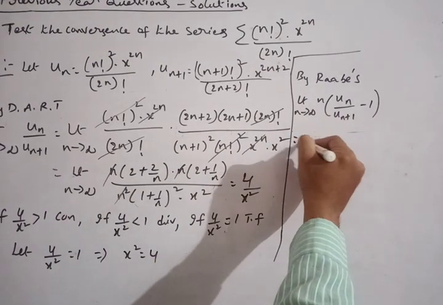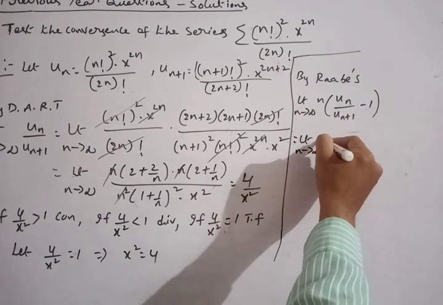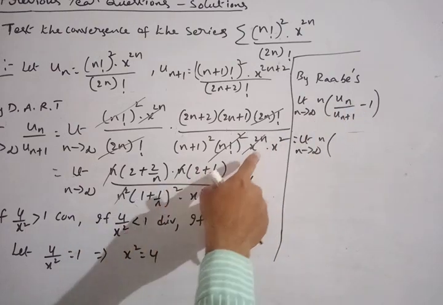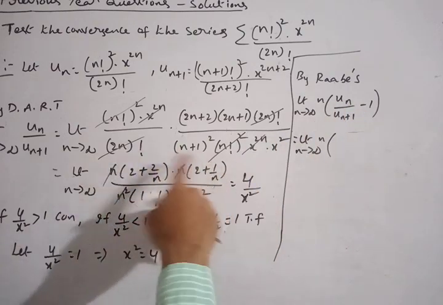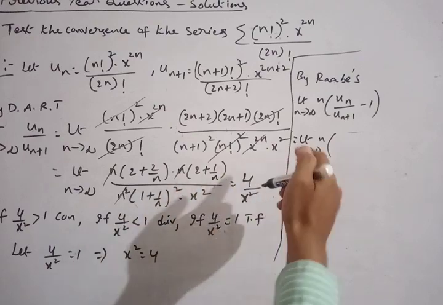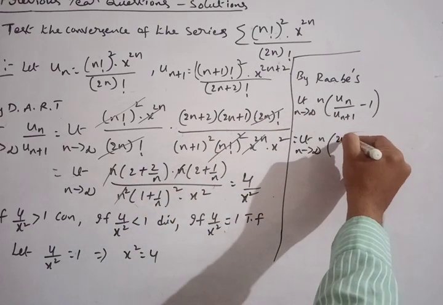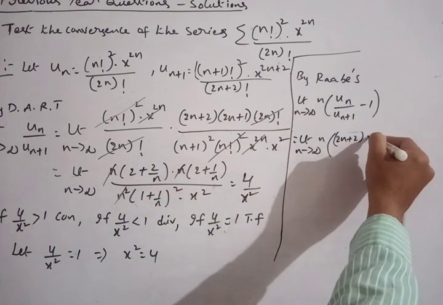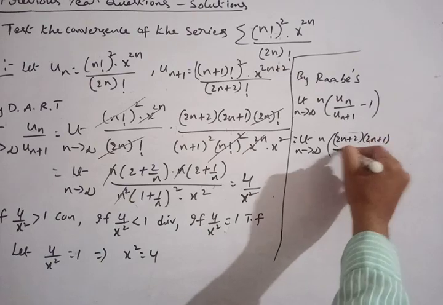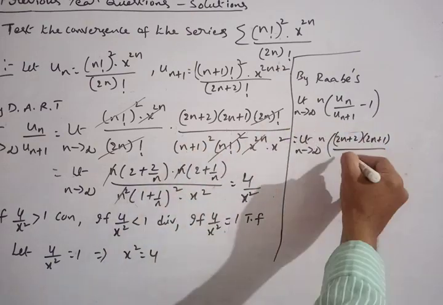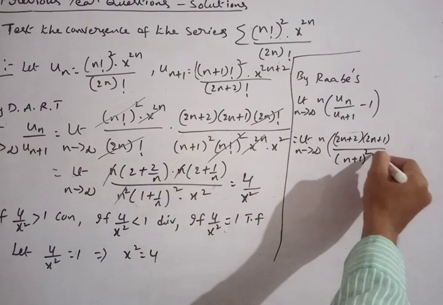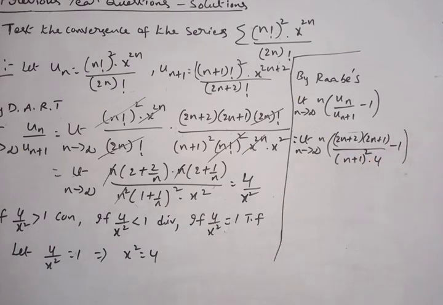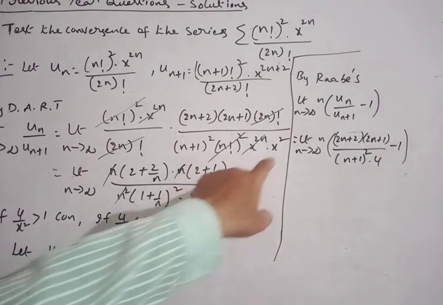So this is equal to limit n tends to infinity, n into (u_n by u_(n+1) minus 1). Before applying the limit, we cancel it, no? How much you get here? (2n+2)(2n+1) by (n+1)^2 into 4 minus 1. x square is 4, no?